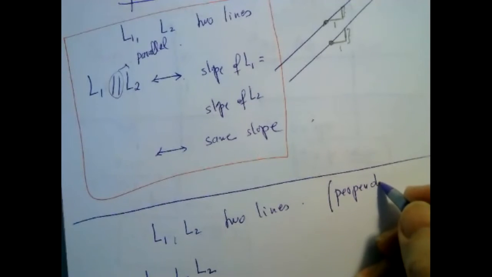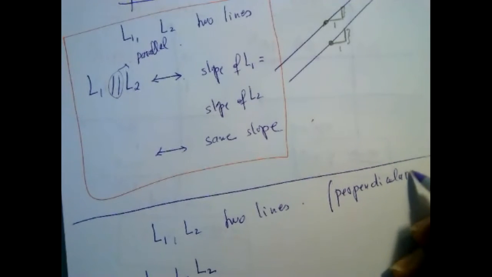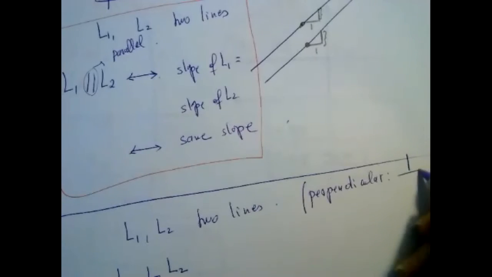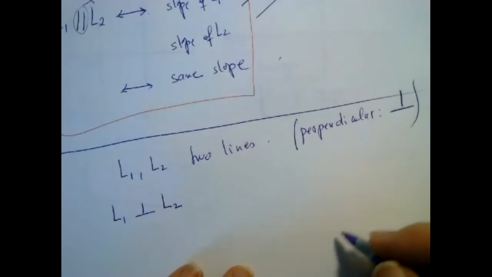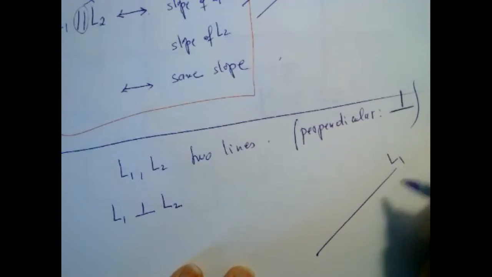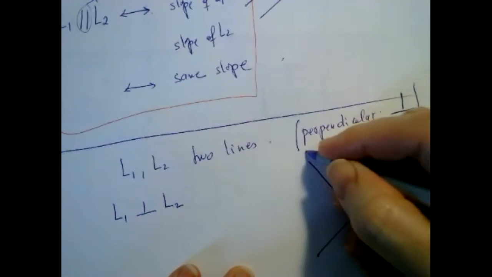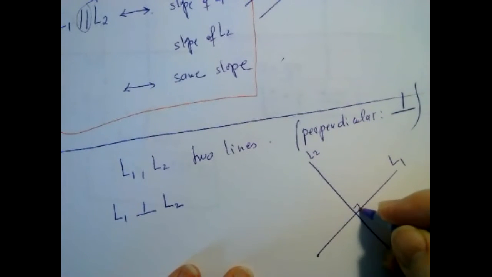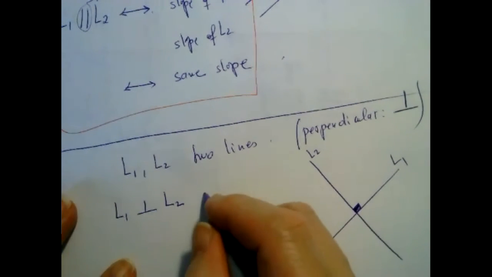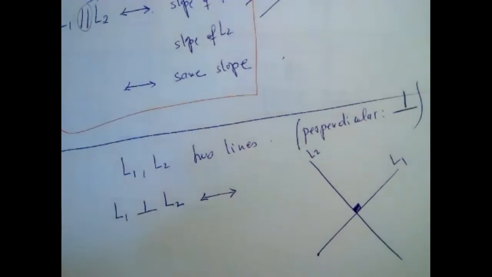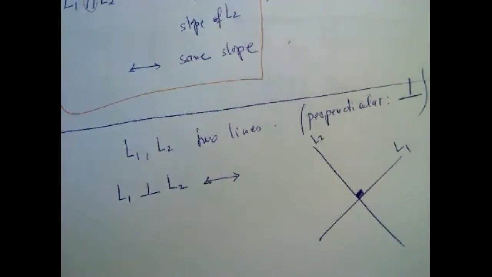This is the symbol that means perpendicular. I'm sure a lot of you have seen it, but just to remind you. So this is my L1 and this is my L2. That's perpendicular. It means there is a 90-degree angle between them. If two lines are perpendicular, what can we say about their slopes? Does anybody have any recollection?